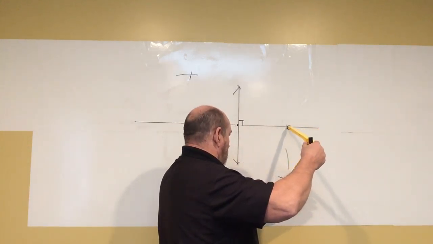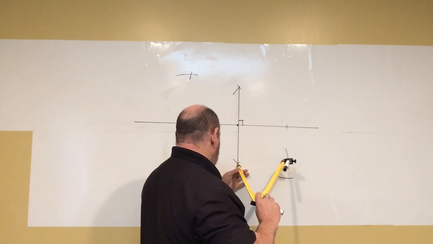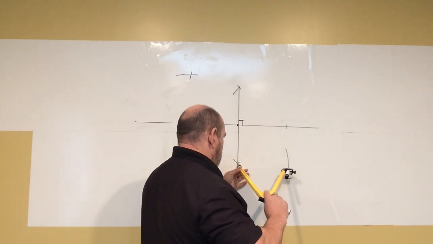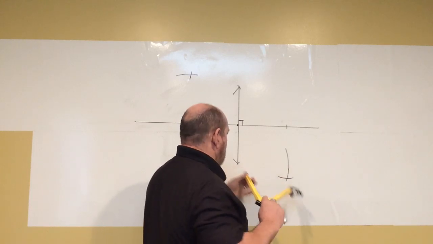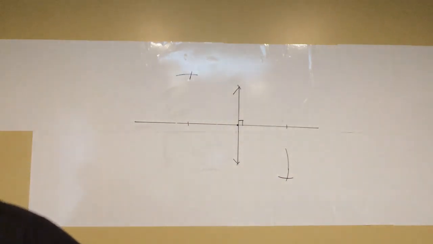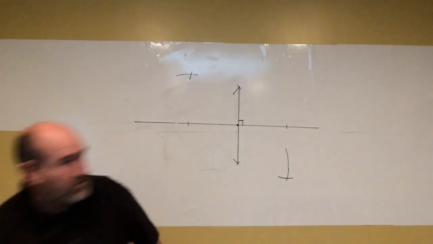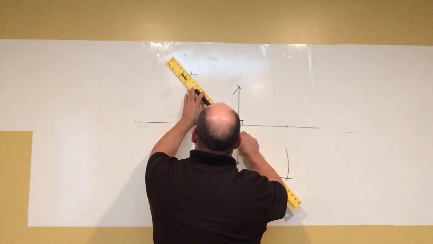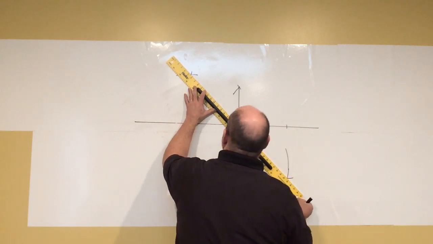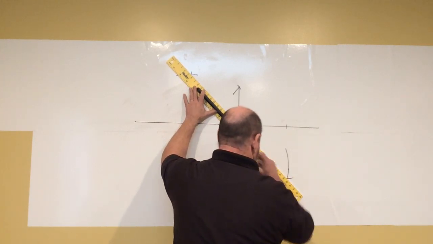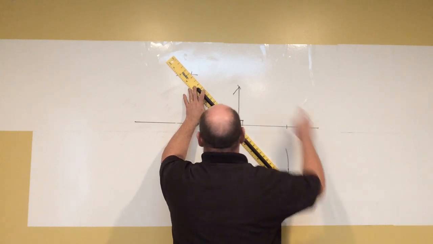I didn't make my arc long enough. I'll have to redo that. See if I can get it as exact as I possibly can. Like that. So then, in the same manner, I simply take this and connect my arcs where my arcs intersect.